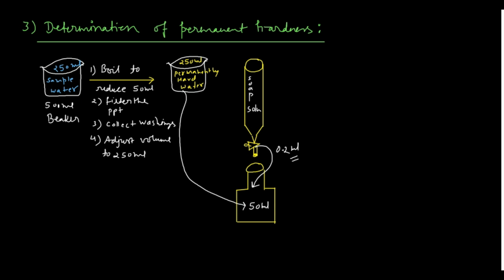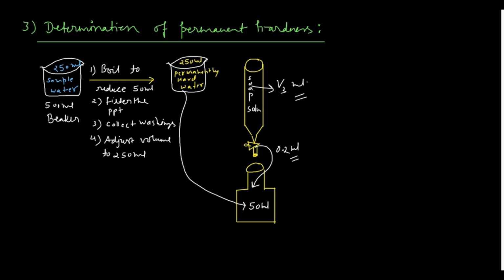And again I'll apply the same procedure which I explained for step 1 and step 2, until my lather persists in the glass stopper bottle for at least 2 minutes. I will stop the reaction and note this volume of the soap as V3 ml. So I'll note this as V3 ml.